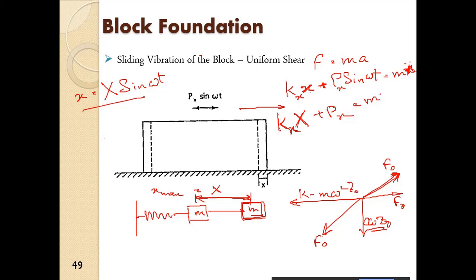Okay, so what is the acceleration? So we can say that to be omega n square, m omega n square, or omega n square x, sorry. All right, so omega n square x.